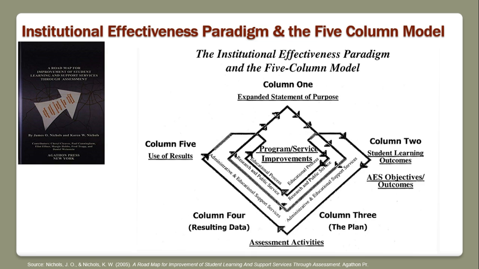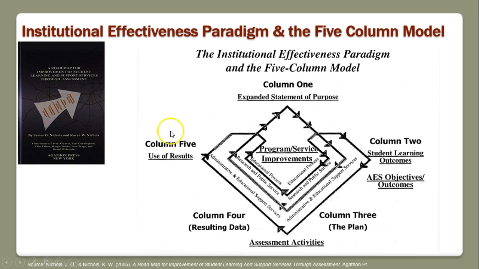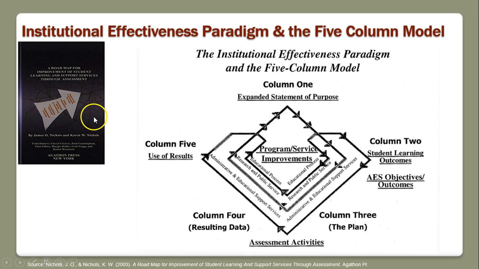And the 5 columns correspond to a logic model. The first column is what they call the expanded statement of purpose, which is going to be the mission statement and the institutional goal that this falls under, and you could provide more of the expanded statement of purpose.